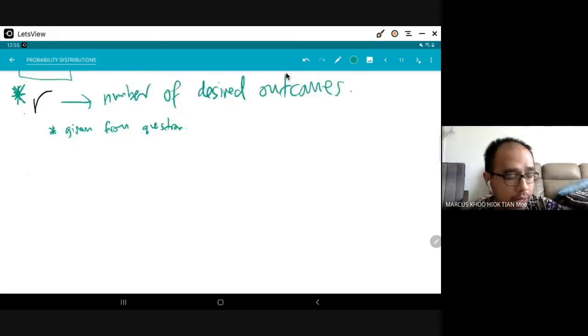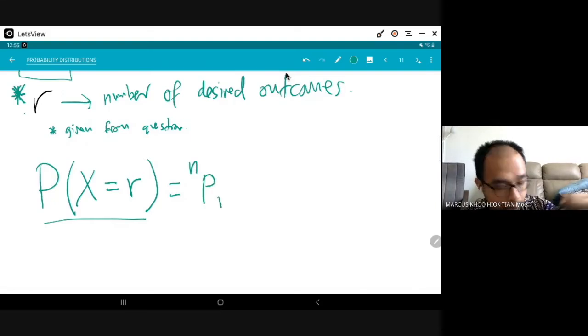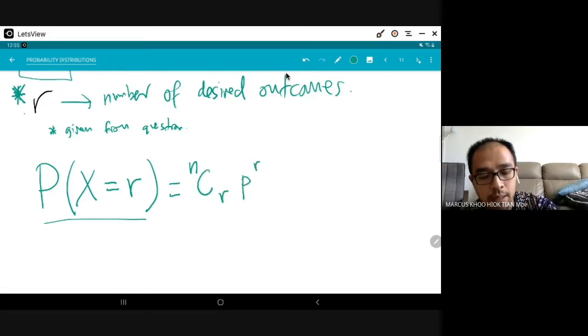binomial distribution, given in your textbook, page 155, the probability for an event, or a discrete random variable, equals the number of desired outcomes that we want. This is not as important, what is more important is this. It is nCr, small letter p to the power of r, small letter q to the power of n minus r.